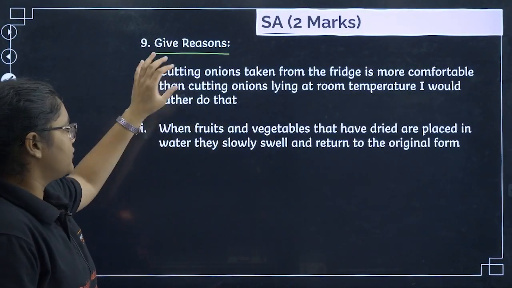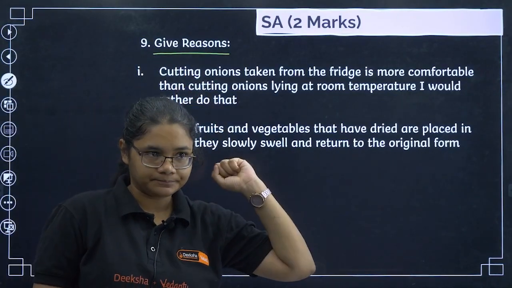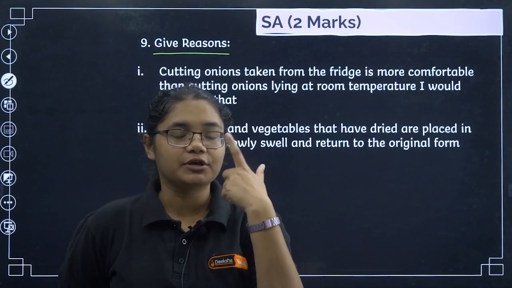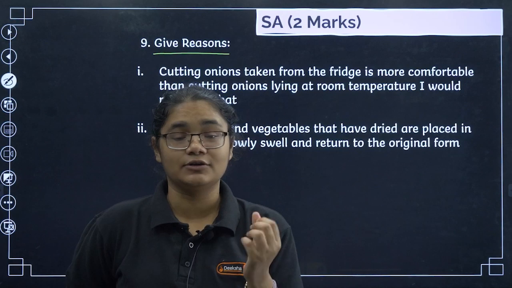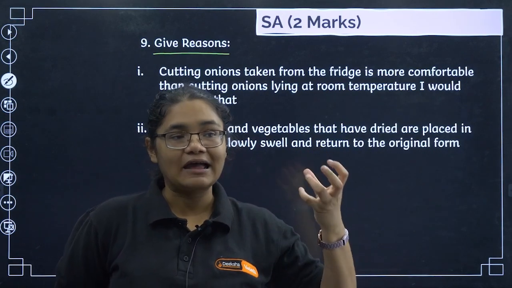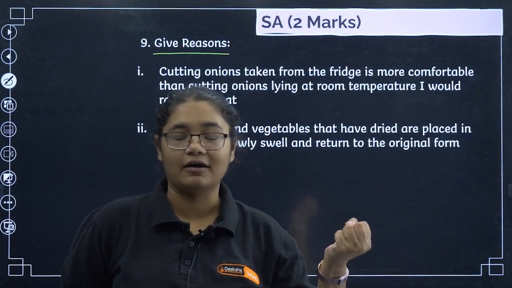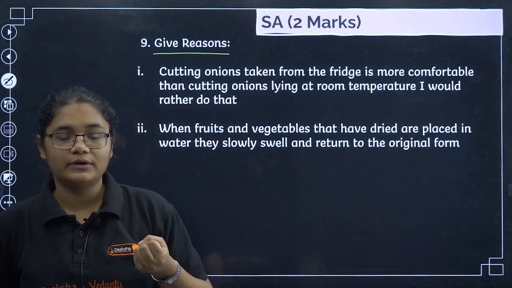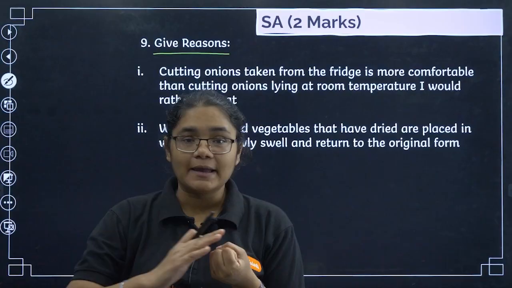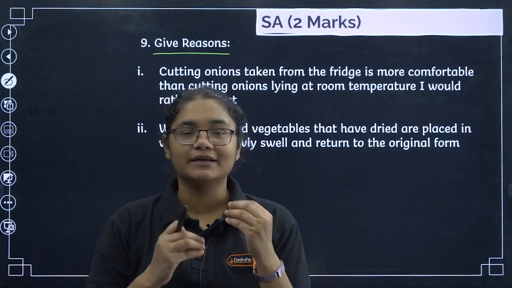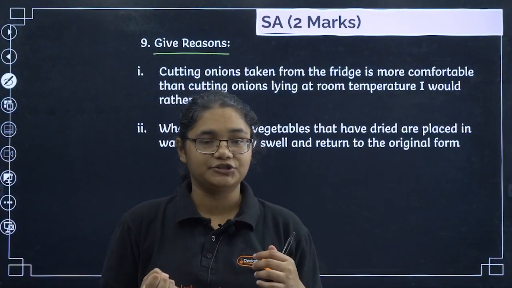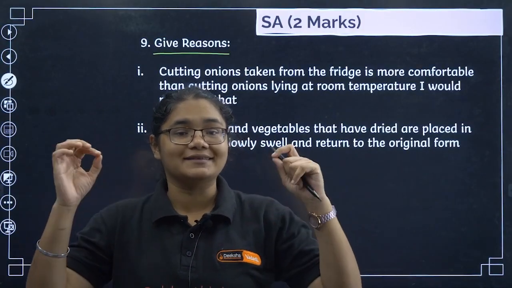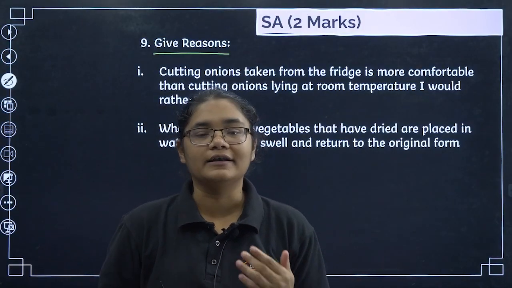So first of all, when we cut an onion, it releases certain gas, which creates irritation in the eyes, as a result of which we get tears. Now when you have taken this onion at a cold temperature, means when it is in the refrigerator, and then you take it out, the escape of gas is very less, because the gases have less kinetic energy, so they do not escape more, so the irritation in the eyes is less and we do not get tears easily.